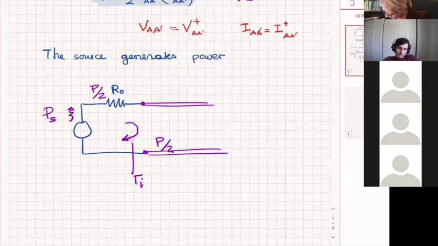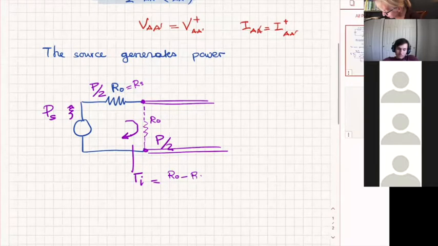Zero, exactly, it's zero because practically you remember that here we had an equivalent resistor that is R0, so practically it is R0 minus RS, which is also R0, over R0 plus RS, so practically it is zero.